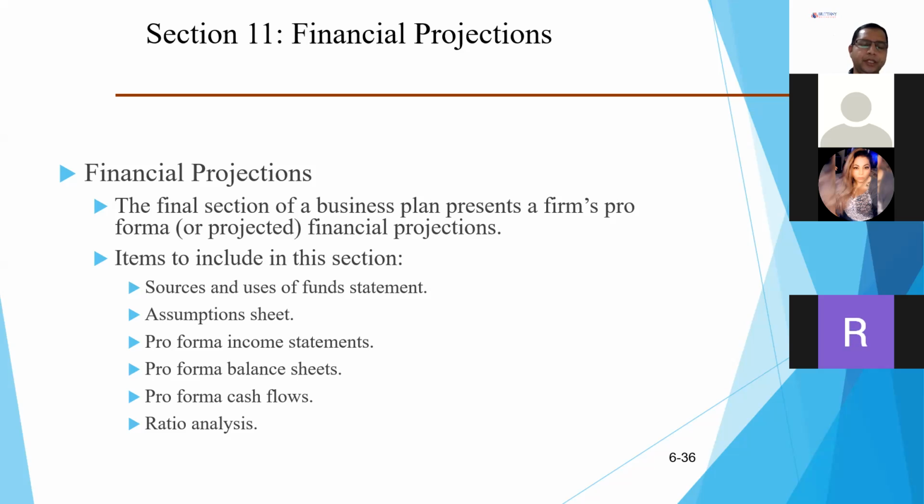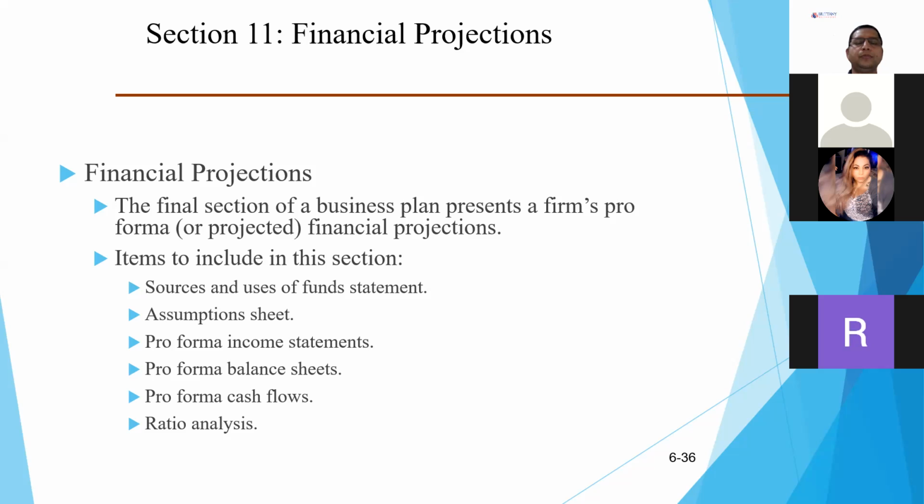This is all for new ventures or new businesses. For existing businesses or services, you need to provide the actual current balance sheet, cash flow, overview of financial transactions, ratio analysis, different types of analysis you can put here. But for new businesses, you need to put the pro forma.